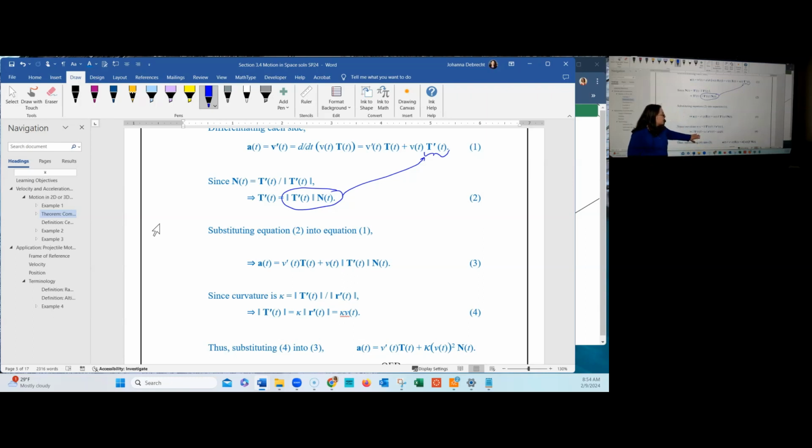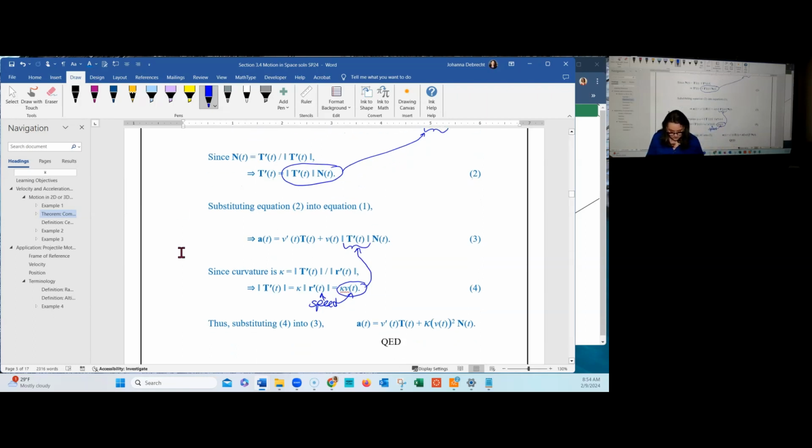So I can replace this part up here in equation 3 with kappa times speed. And we're going to take this relationship and we're going to substitute it into equation 3 in place of that part right there.